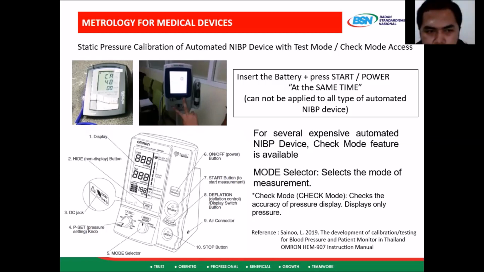However, for the other types, I cannot access the test mode. So this method cannot be applied to all types of automated NIBP device. Maybe you can also try to access the test mode if you have an automated blood pressure device.